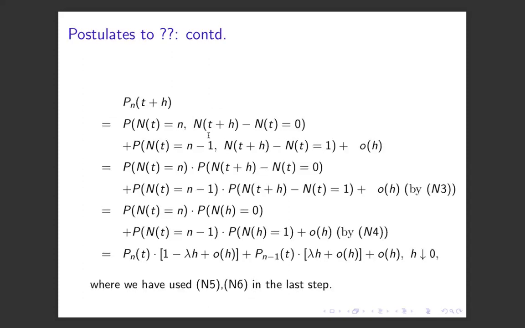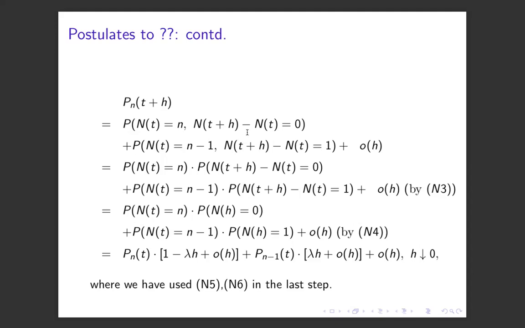Coming here, this is just that step in the earlier slide. We have repeated up to here. And the third term we had just now seen is small o of h. So now the first term on the right side as well as the second term on the right side, you use the independent increment property.